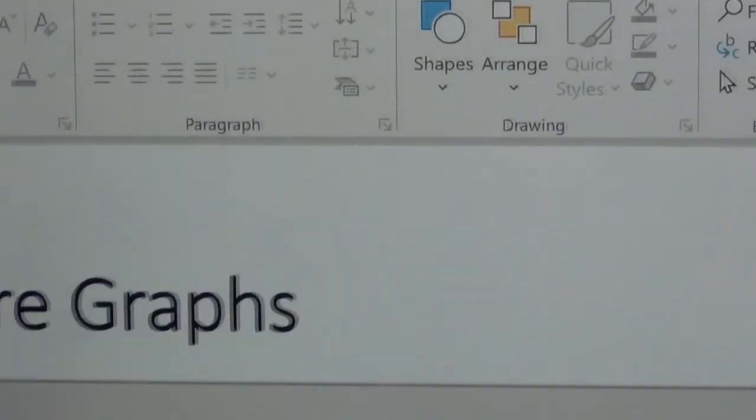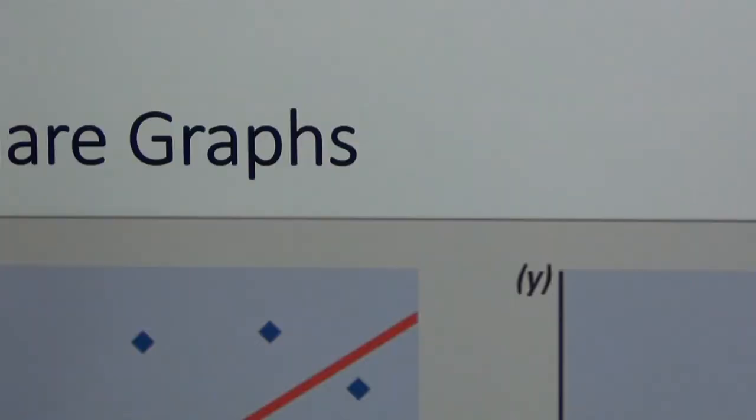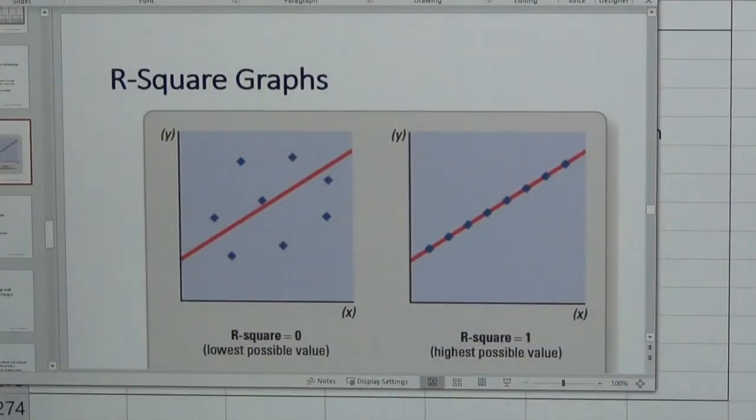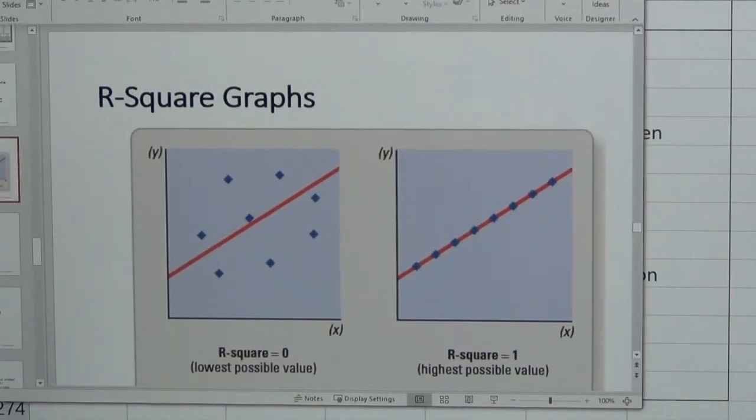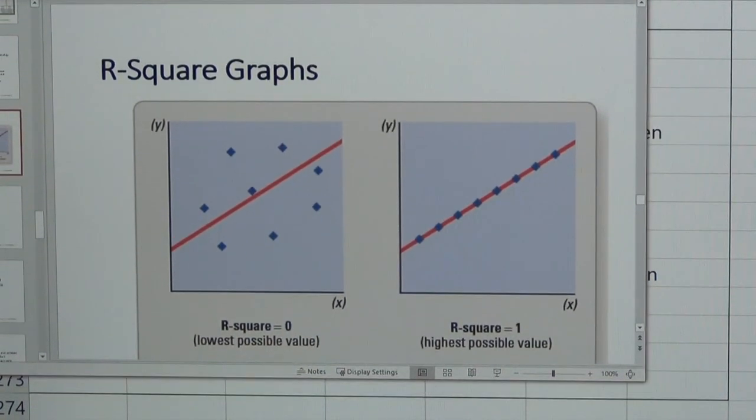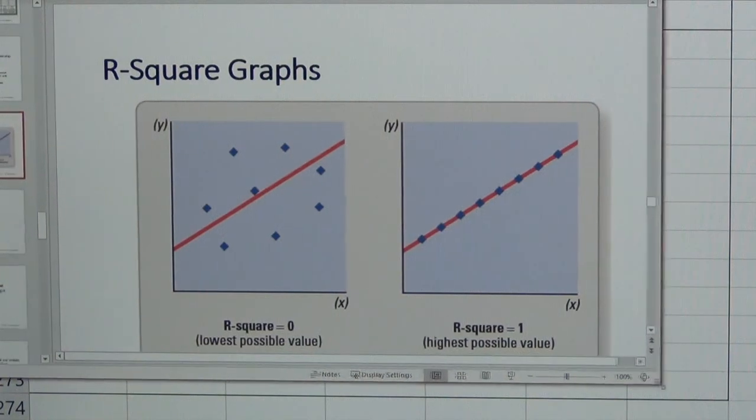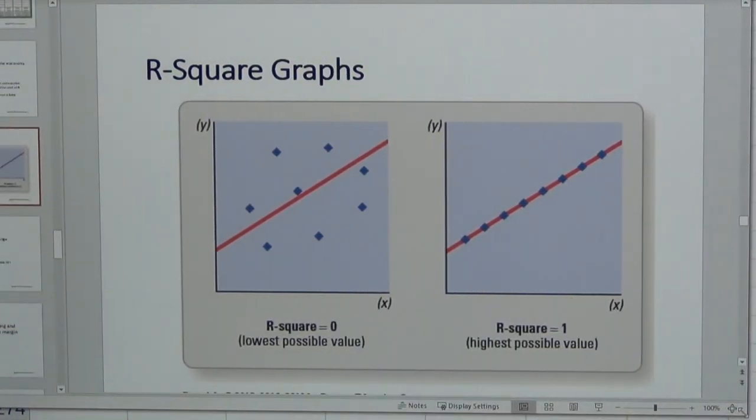Here's a graphical representation. Okay, so R square, in essence, we have a plot all over the place here. If you actually run the numbers, the data would plot a line based upon those data points, something like this. But there may be 0 correlation, so this is the lowest possible value.